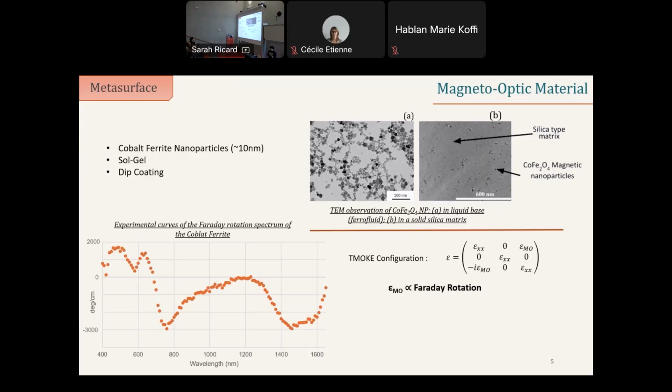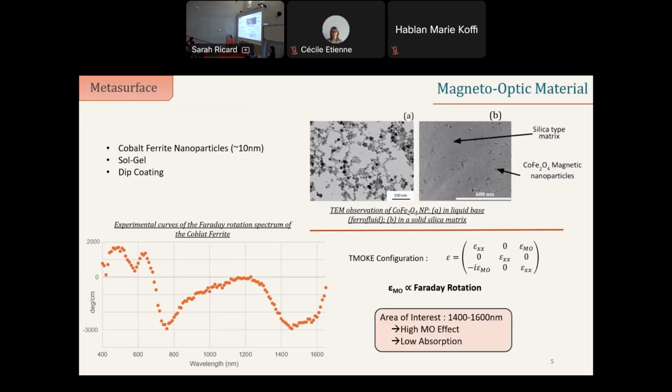Here we can directly link this Faraday rotation with the off-diagonal element epsilon MO. So the magneto-optic effect will be at a maximum where we have a maximum value of the Faraday rotation. To simplify the idea, here we have two areas of interest with a maximum, but the one we will choose is the one between 1400 and 1600, because as I said, it's a maximum of Faraday rotation, meaning we have high magneto-optic effects.